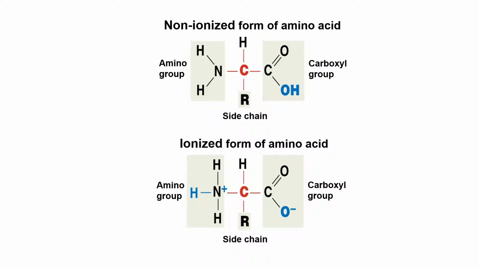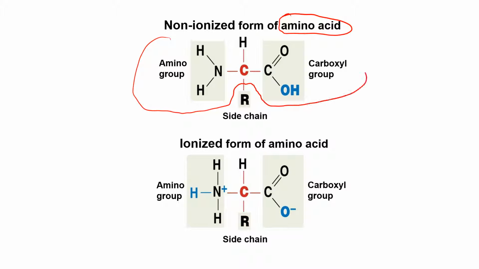Alright, so we're going to begin talking about proteins. The basic building block of your proteins is going to be your amino acids. Now, every single amino acid has the same simple structure.